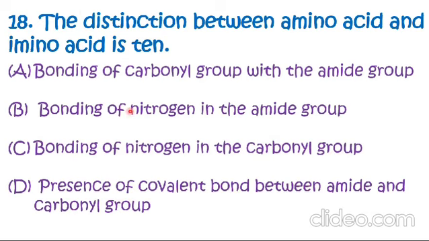So the correct answer here is option B, bonding of the nitrogen in the amide group. The key difference is the bonding of the nitrogen group. In the imino acid, the nitrogen is bonded to two carbon atoms, forming the ring structure, whereas in a typical amino acid, the nitrogen is bonded to the alpha carbon and two hydrogen atoms. So the correct option over here is bonding of the nitrogen in the amide group.